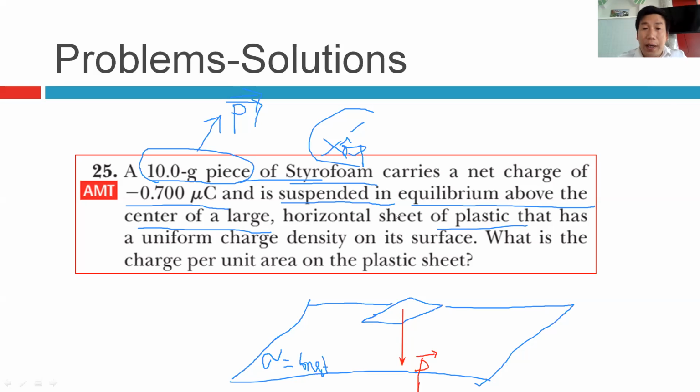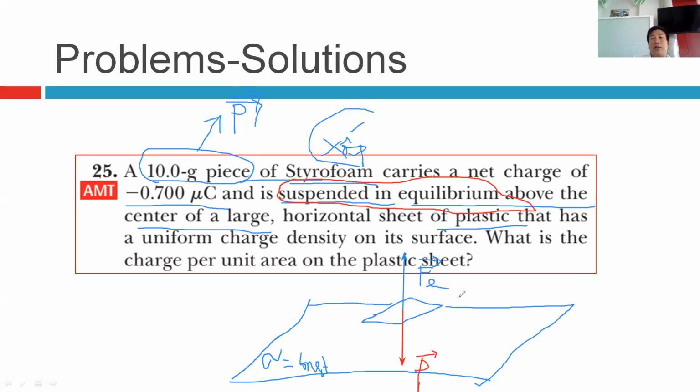Okay, if you want to keep it suspended in equilibrium, if you want to keep it stable, it means that you need another force that is opposite to the gravity force, right? So in this case, that force is supposed to be the electric force, because there's no other force here.